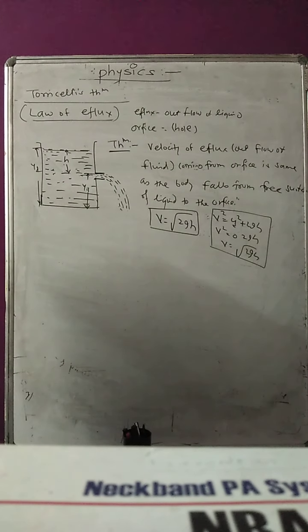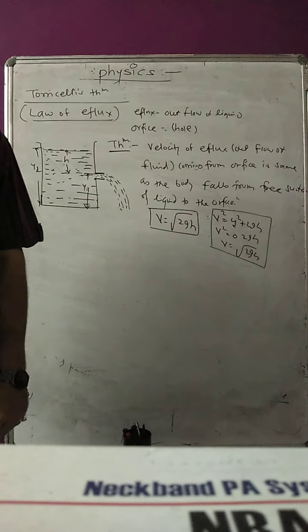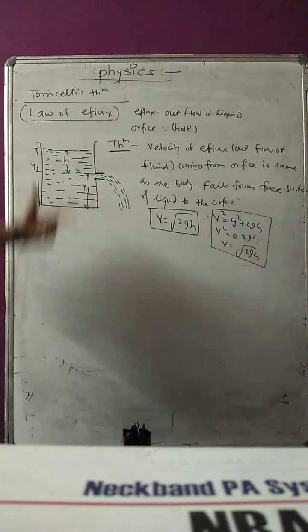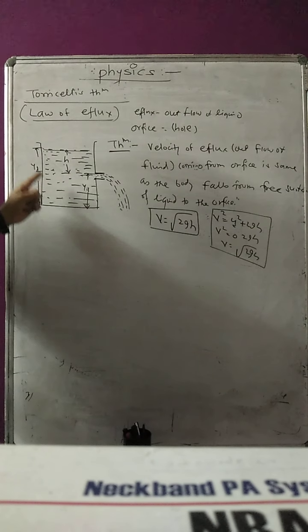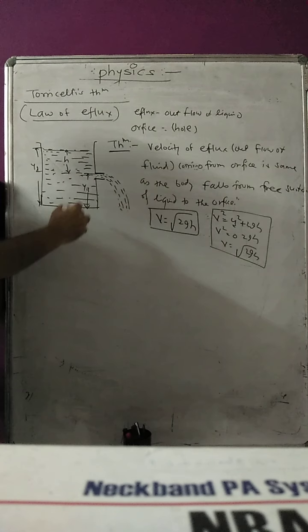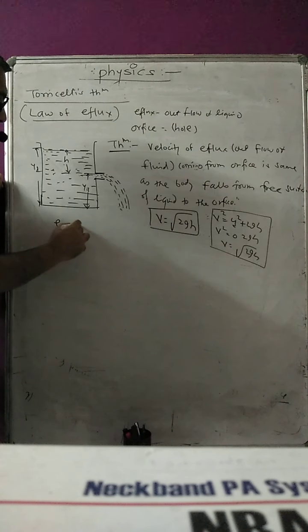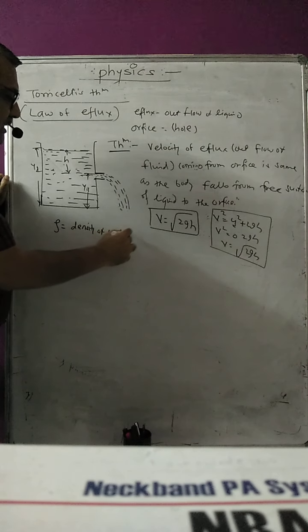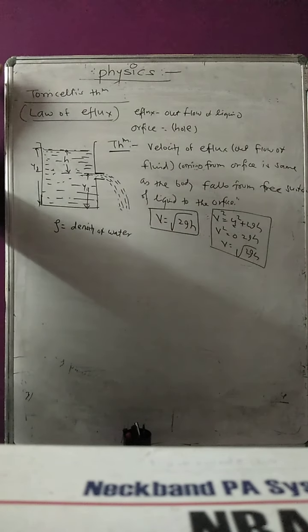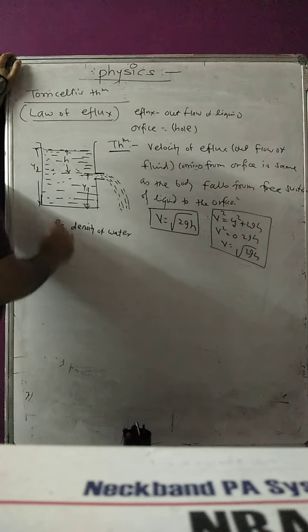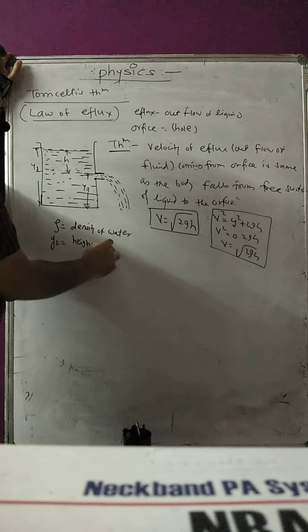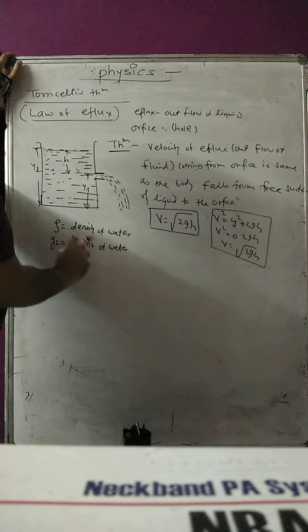मग त्याच्यासाठी मी आता काय करतो मुलांनो, I am going to consider here in that case one cylinder, okay, and that cylinder is full of water having the density supposed to be rho. म्हणजे rho is the density of water. Okay, आता बघा मुलांना, rho is the density of water. And that water has been filled up to height y2. Okay, y2 is the height of free surface of water from the bottom.